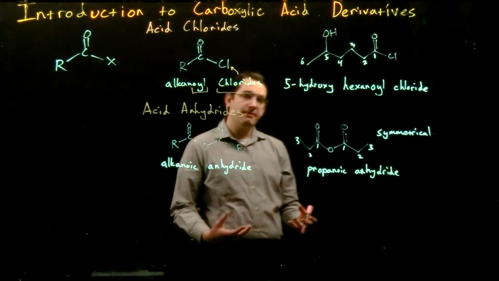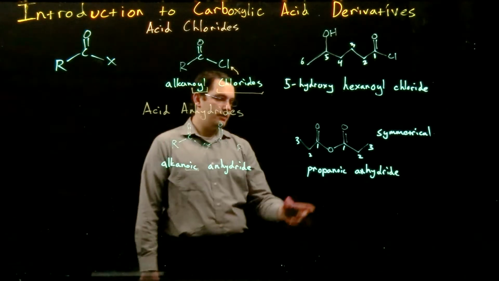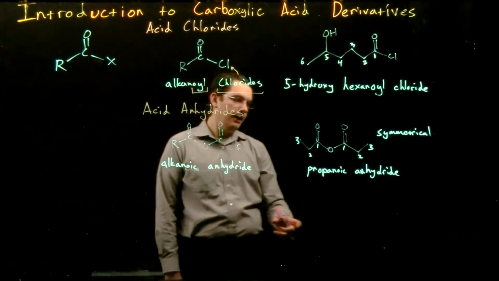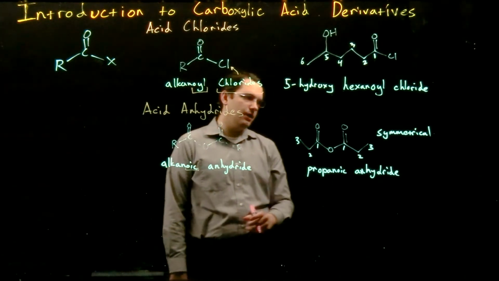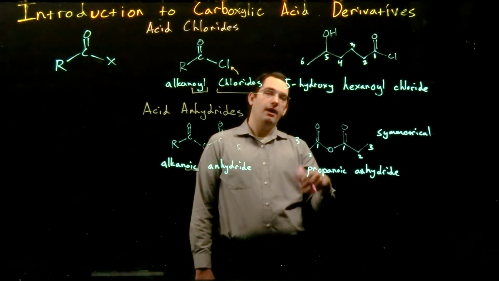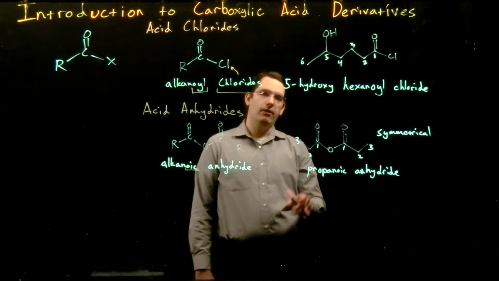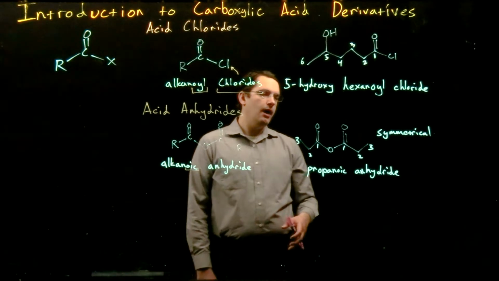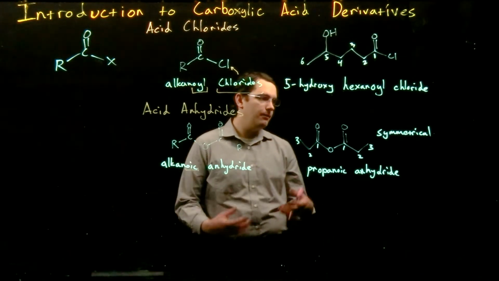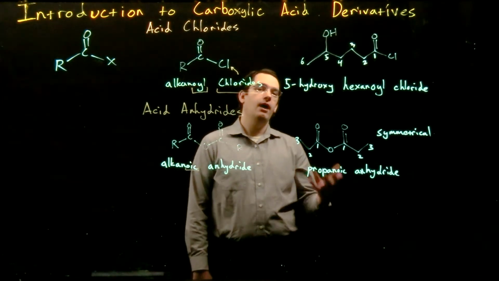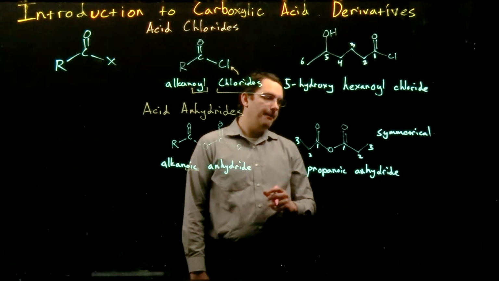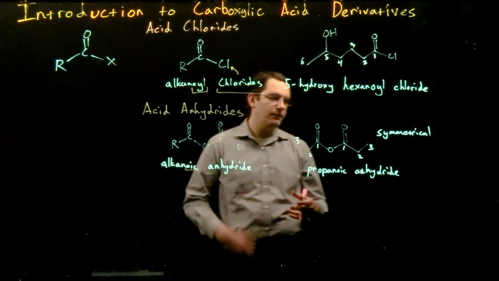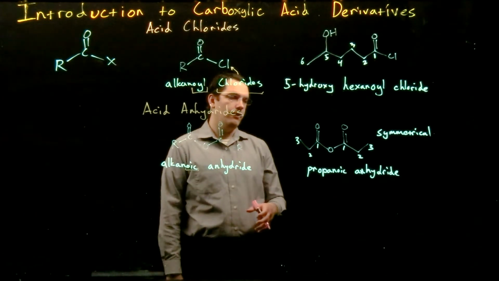If we have an asymmetrical anhydride, then we would just have multiple alkanoic names in front of our anhydride to indicate the names of each of our individual acid anhydride alkane chains. So those will be a little bit more complicated. Those are relatively rare. It's somewhat difficult to work with asymmetrical acid anhydrides just because then you're always going to have multiple products with any reactions that you have with our anhydrides.